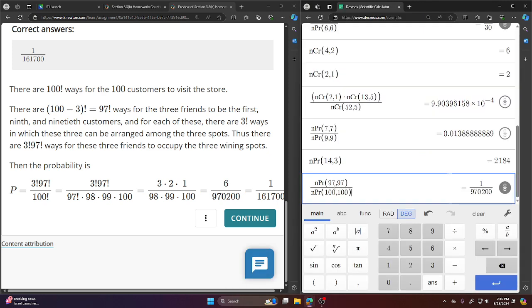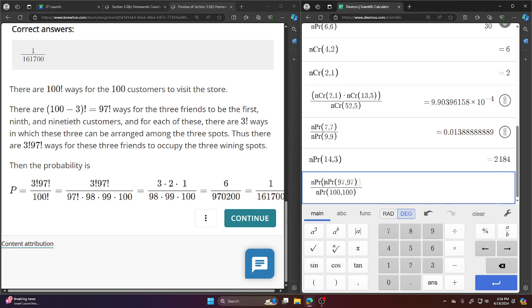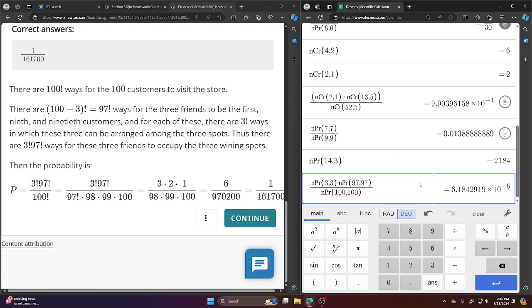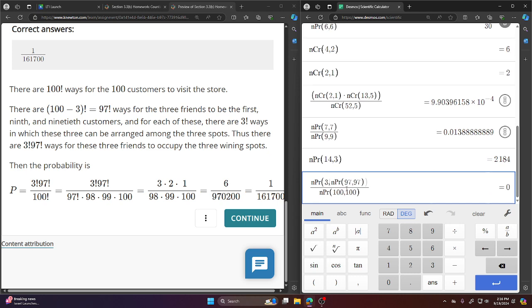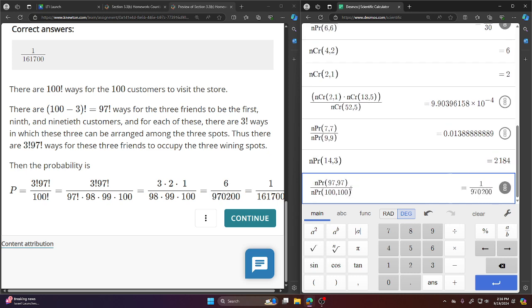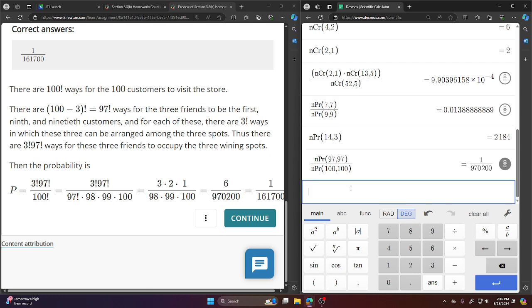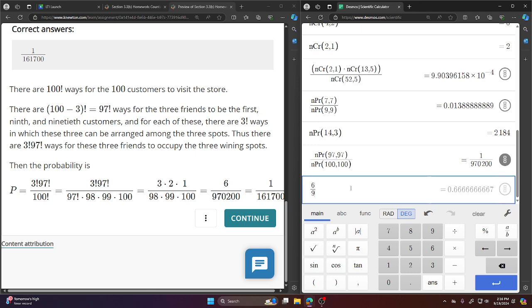Again, back to the swimmer problem, essentially. nPr 3, and then if we did times, where's my fraction action? You're not giving me a fraction action for this guy? Ooh, how cruel of you. What if I just said times 3 factorial, times 6? You're so mean. Okay, 6 over 970200.